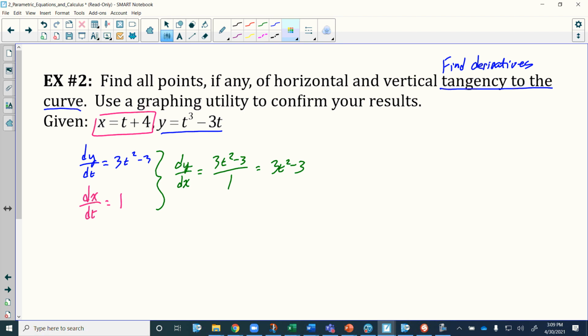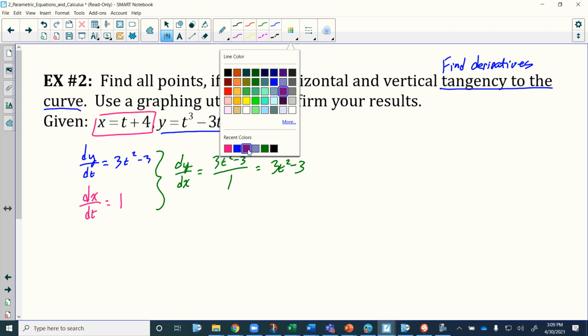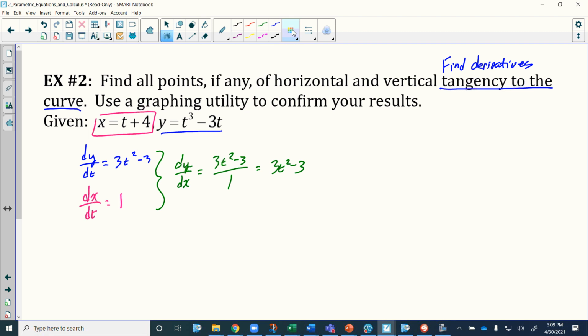So this is what I want to ask myself here. Since I'm talking about doing something with derivatives, this is what I need to know. At what value of t will the derivative equal 0?